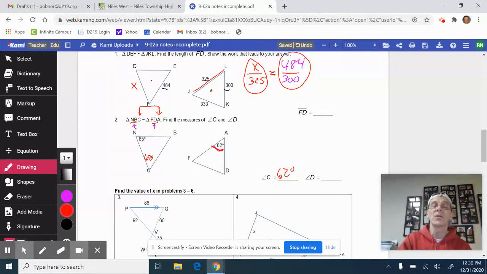62 degrees. Notice I wrote 62 in the diagram, because you're not necessarily going to know this going into the problem, okay?